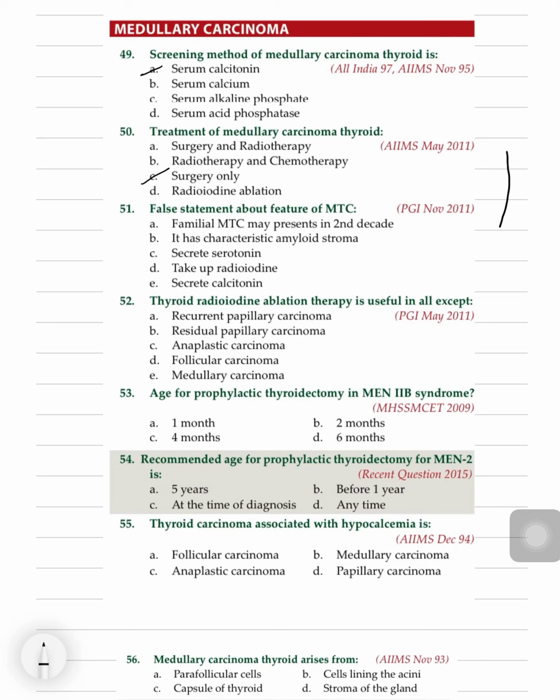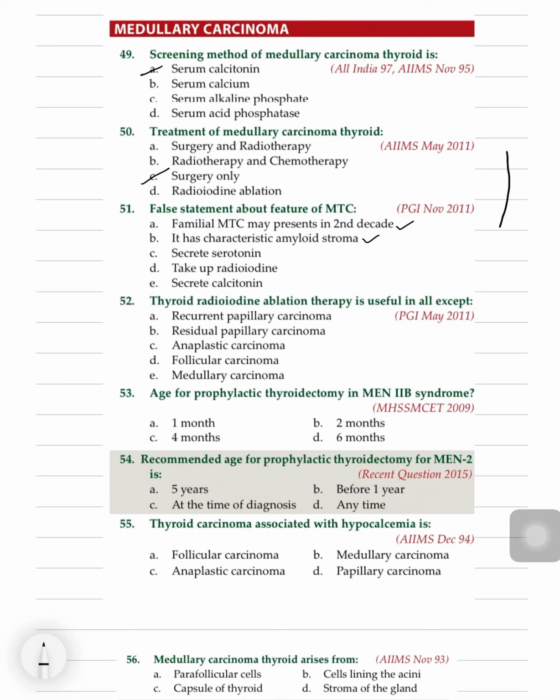The false statement about features of MTC: familial MTC may present in the 2nd decade, so this is a true statement. It has a characteristic amyloid stroma, true. It secretes serotonin?